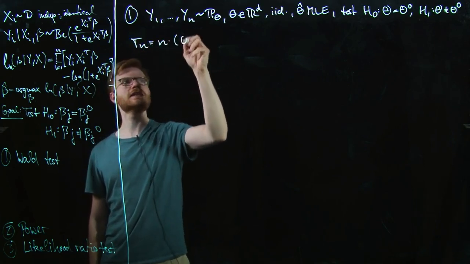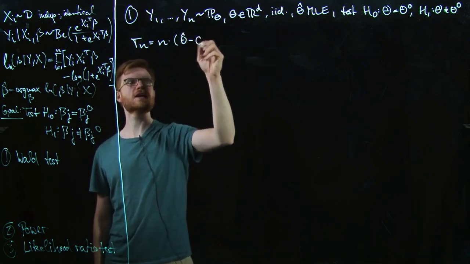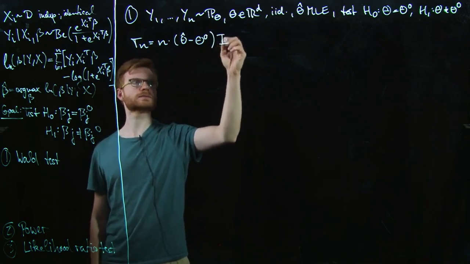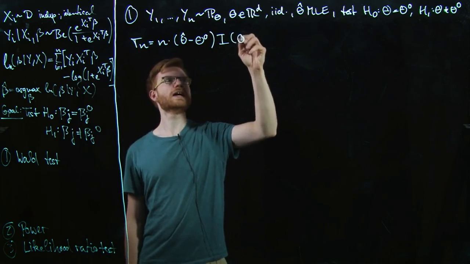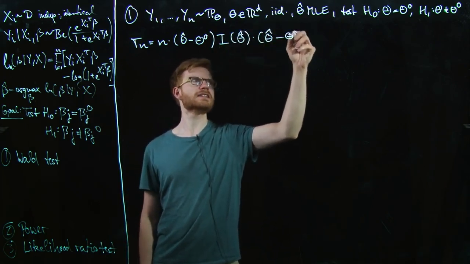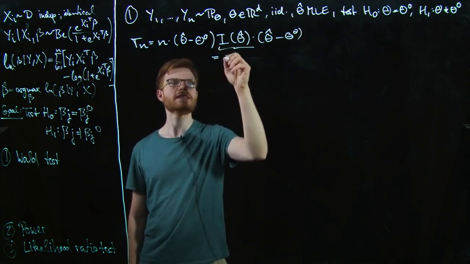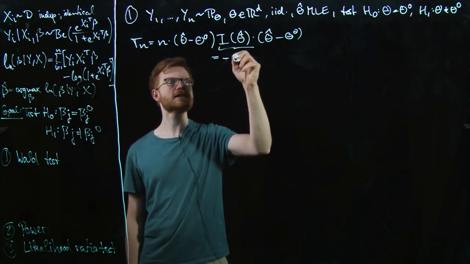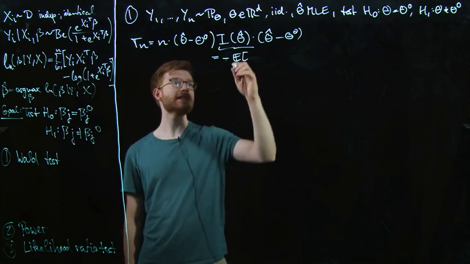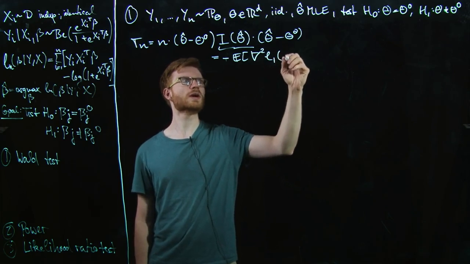You take n times the vector-matrix-vector product (theta hat minus theta naught)^T I(theta hat) (theta hat minus theta naught), where I is the information matrix. As a reminder, this can be defined under regularity assumptions as minus the expectation of the second derivative of the log likelihood for one sample.